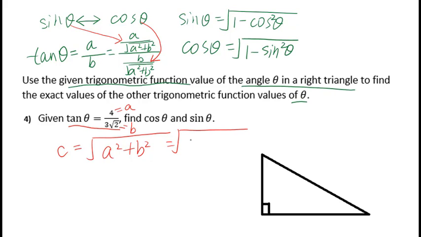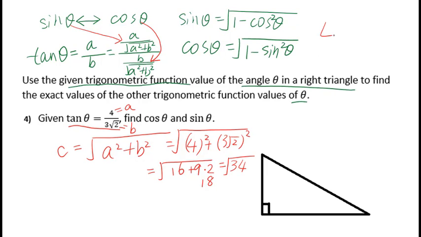That is 4 squared plus 3 square root of 2 squared. For 4 squared, we know that's 16, plus 3 squared is 9, square root of 2 squared, that's 2. So basically, that's 18. 16 plus 18, that is square root of 34.